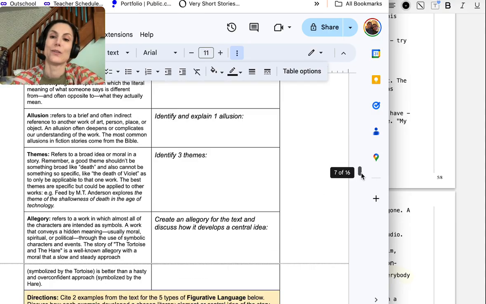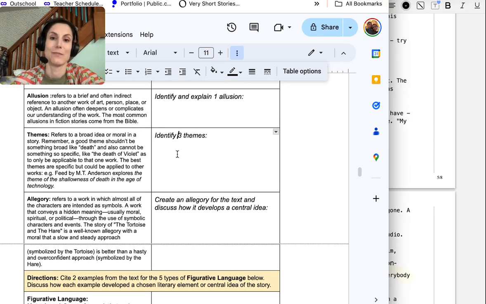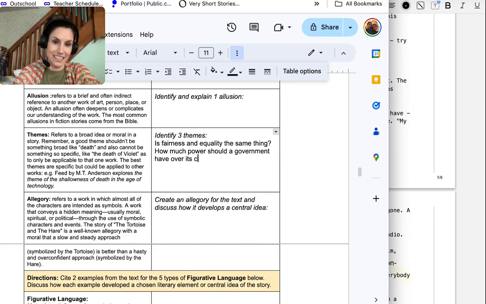And then all the different types of themes. You have individual, what is fair is, we can say, is fairness and equality the same thing? We can say, how much power should a government have over its citizens? That's definitely one.